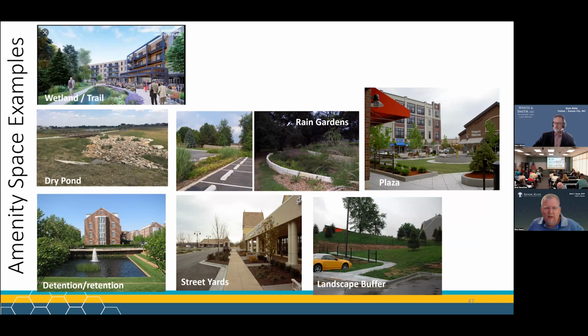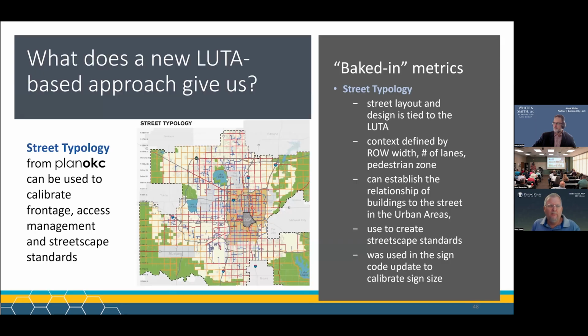To different other improvements, such as street yards, the streetscape environment and how it's landscaped, if you have planters or street furniture or decorative lighting or whatever that might be, and then buffers between different properties. So that's just a select few of the overall amenities that we expect to include in this code.